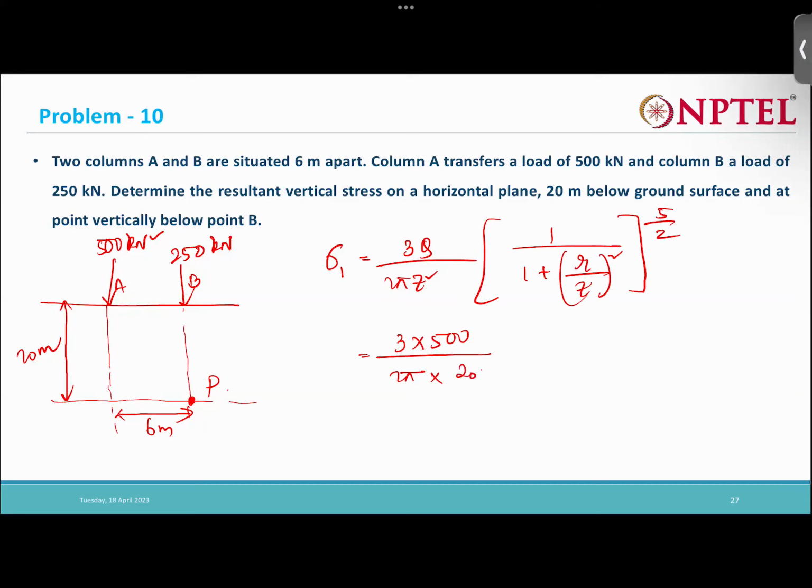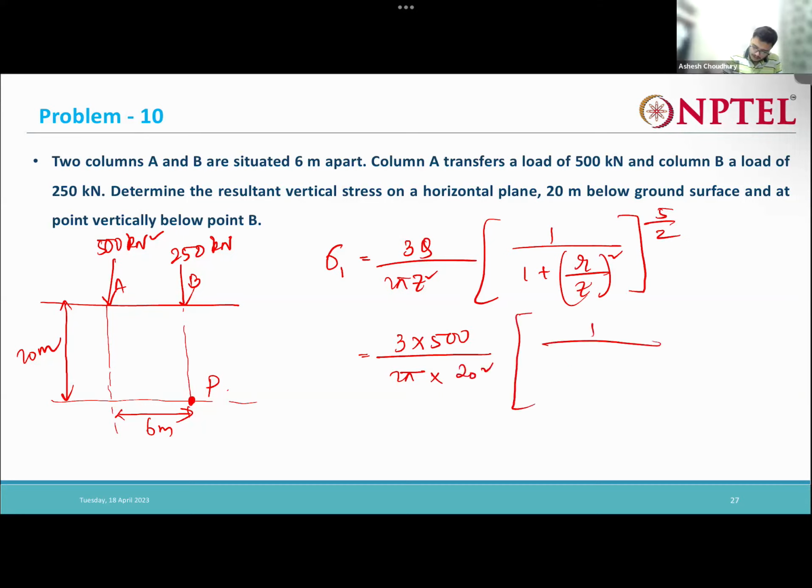Yeah, 20 square. 1 by 1 plus what is R? 6. 6 by 20 square, to the power 5 by 2. So please calculate this one. It will be quite less only, not that much.